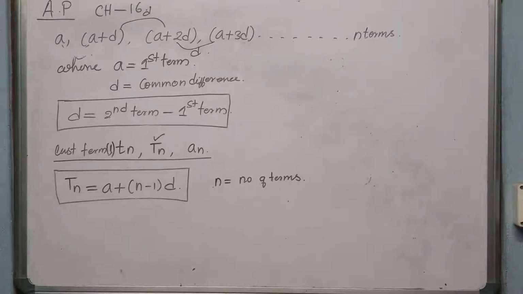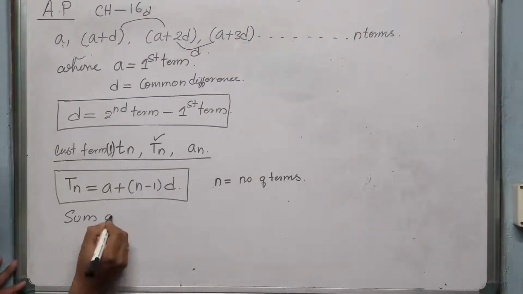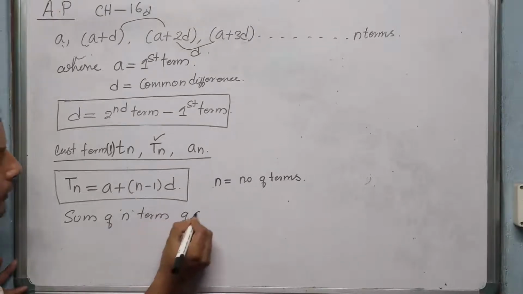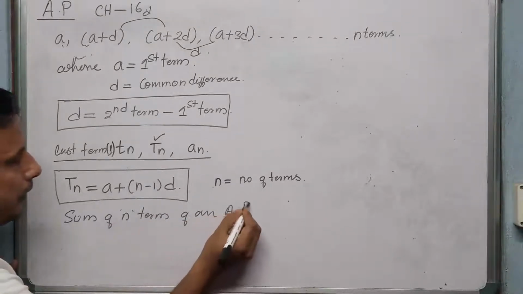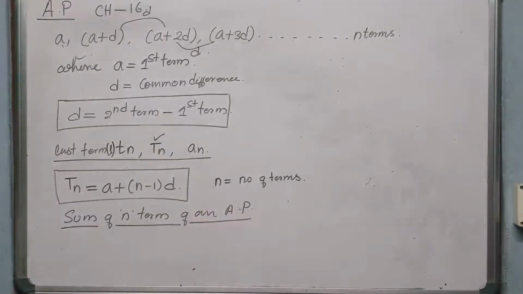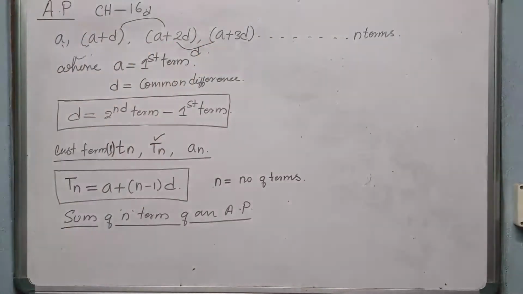Now the next formula is the sum of n terms of an AP. Sum of n terms means if you add all the terms, then what will be the formula?